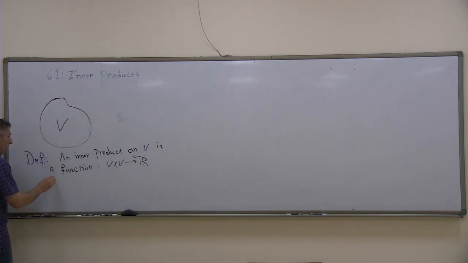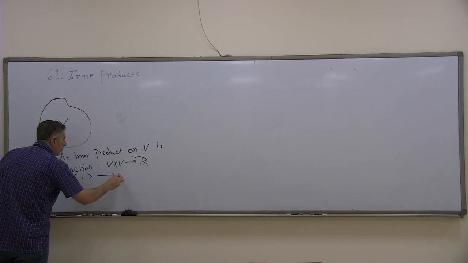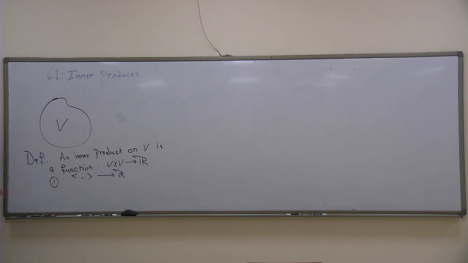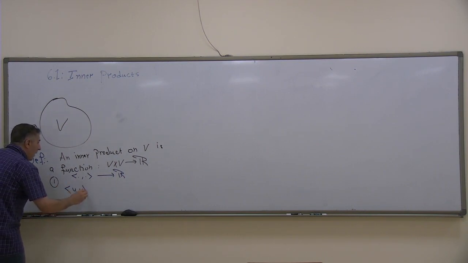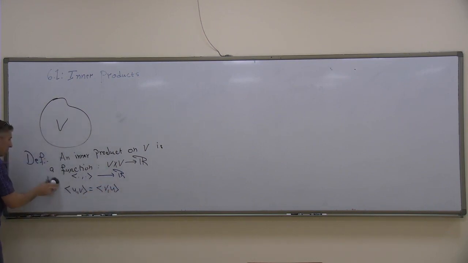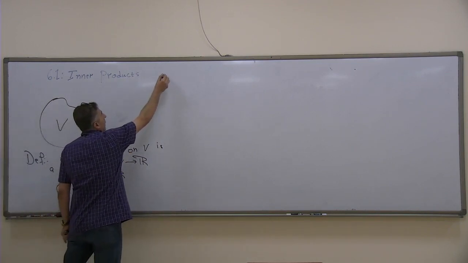Number one, my function here, your book is using this notation for your function. So for u, v in V, the first thing we need is the inner product of u and v to be the same as the inner product of v and u. So if you measure things between u and v, it's the same as if you do it between v and u.